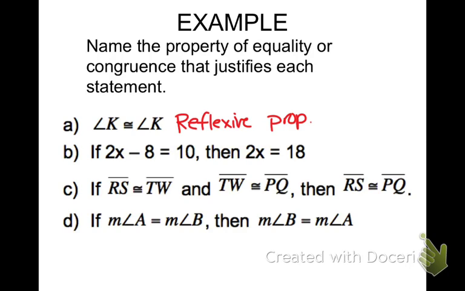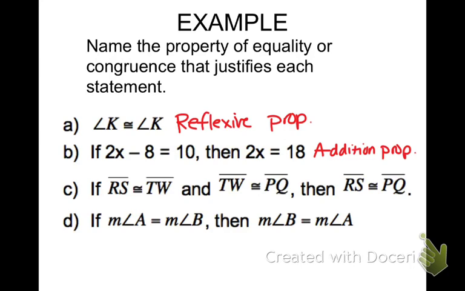B, what's happening? From left side to right side. It's not one of these. It's an old school one. What happened from the beginning of our lesson? Addition property, good. They added 8 to both sides. Addition property.